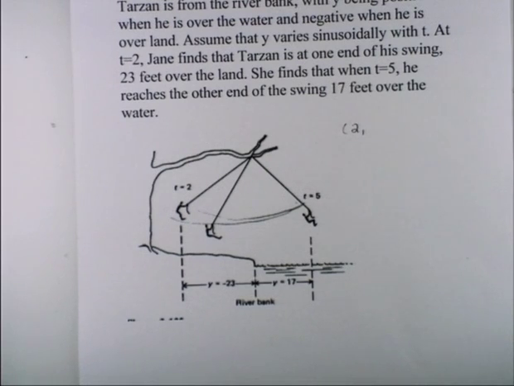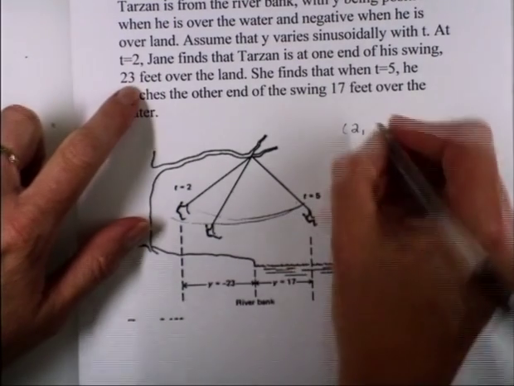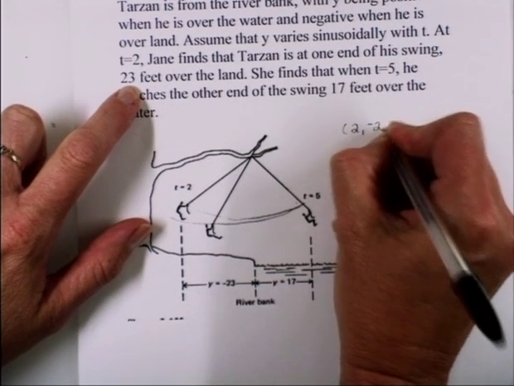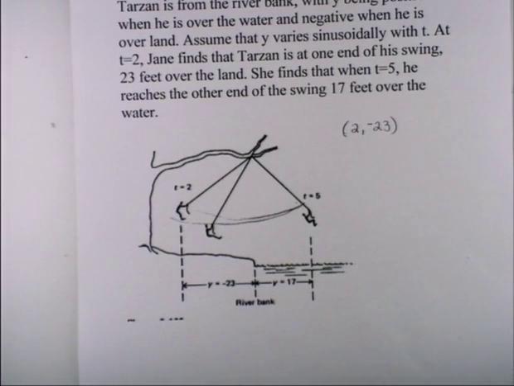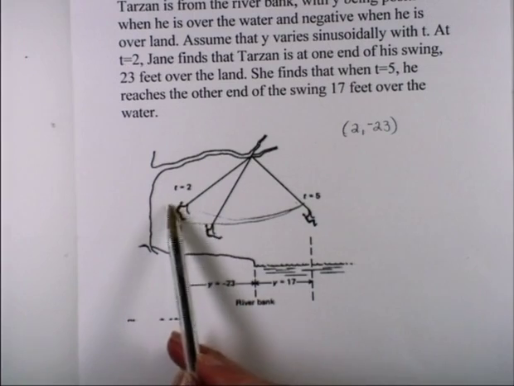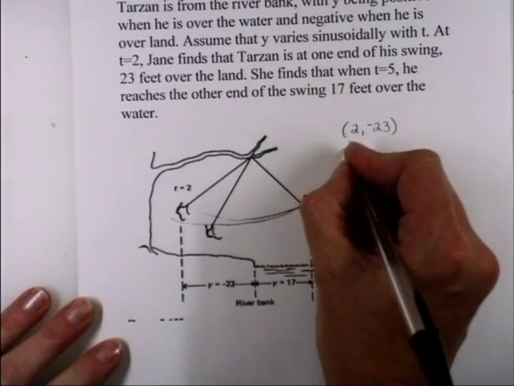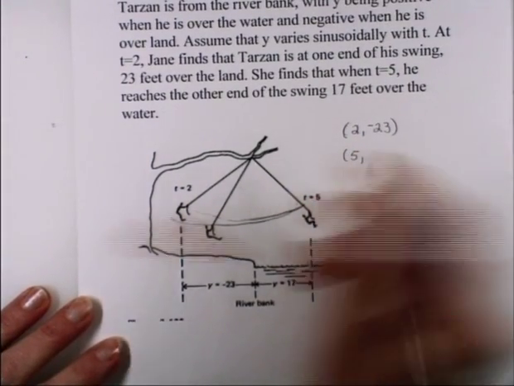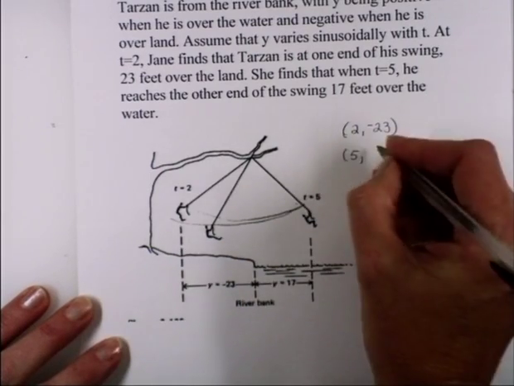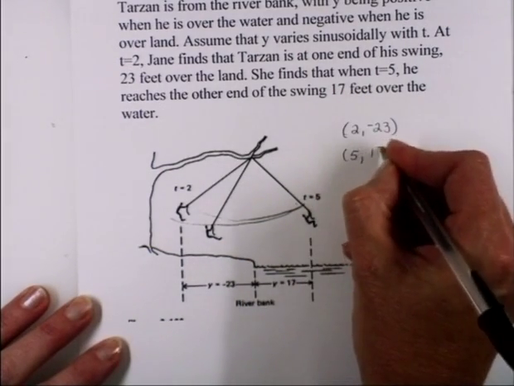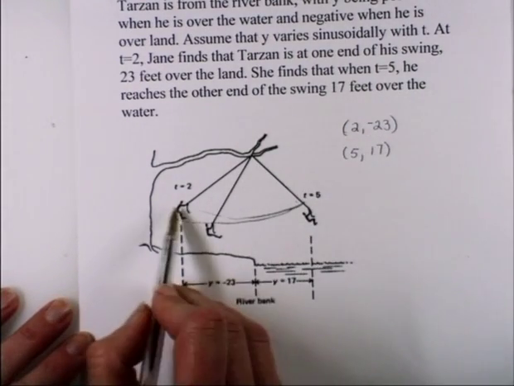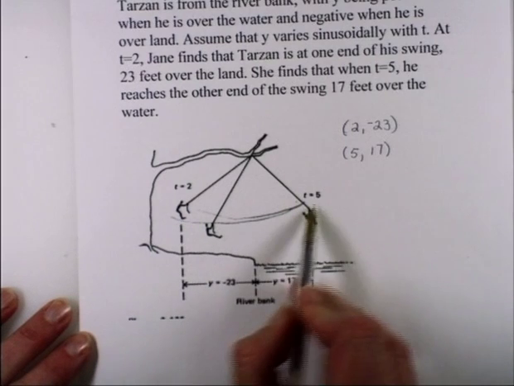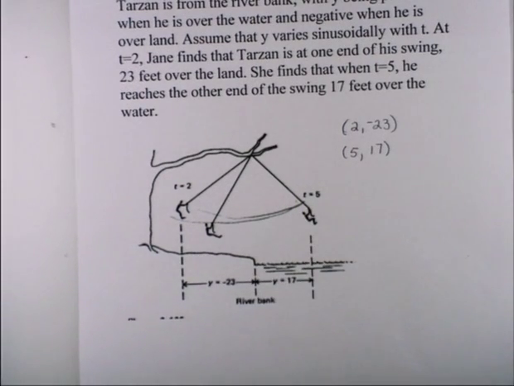Remember, we decided that over land would be negative, so he's at negative 23 feet. That would be the minimum. He's reached the farthest back that he possibly can. At T equals 5, he's reached the farthest out over the water that he can, at 17. So one end of his swing is here at -23 feet. The other one is at 17.